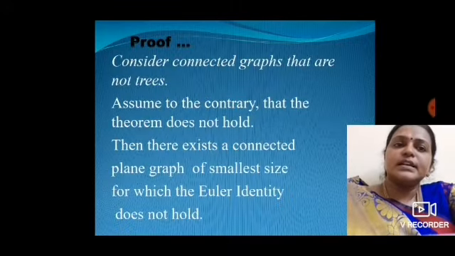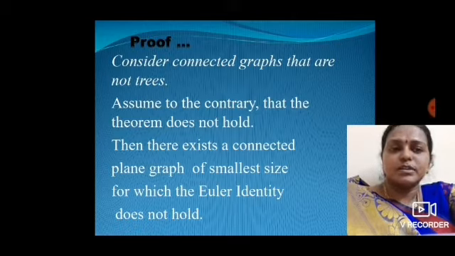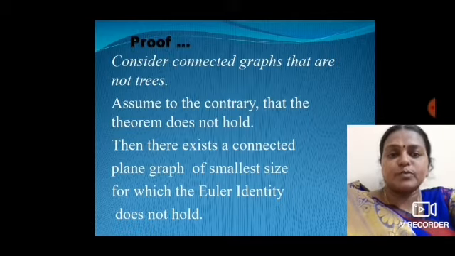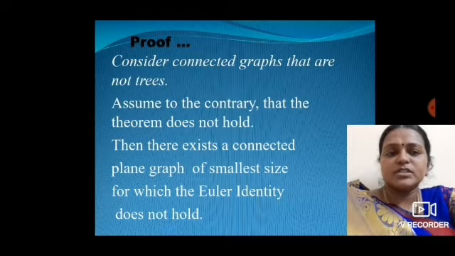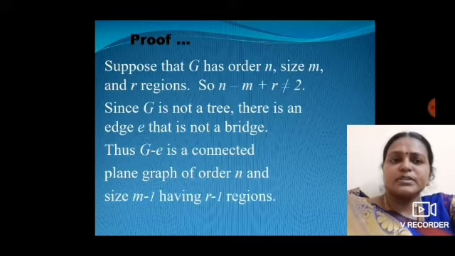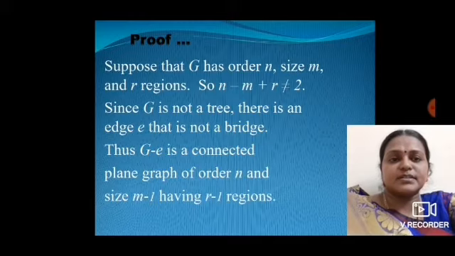Now consider the connected graphs that are not trees. Assume to the contrary that the theorem does not hold. Then there exists a connected plane graph of smallest size for which the Euler identity does not hold. Suppose that G has order n, size m and r regions.